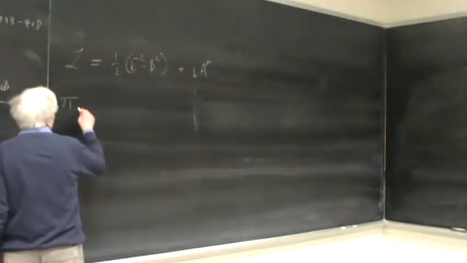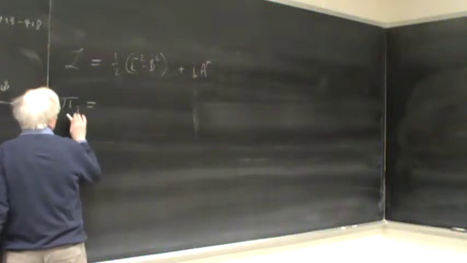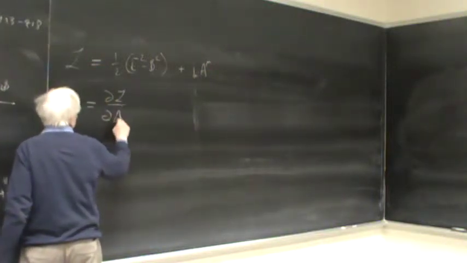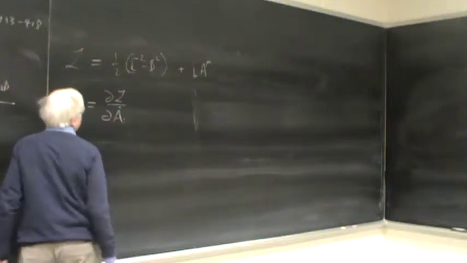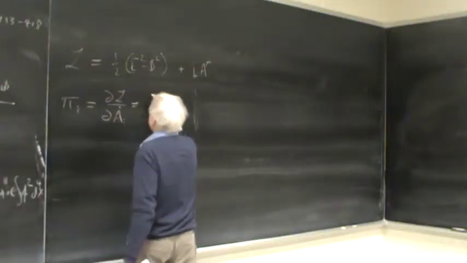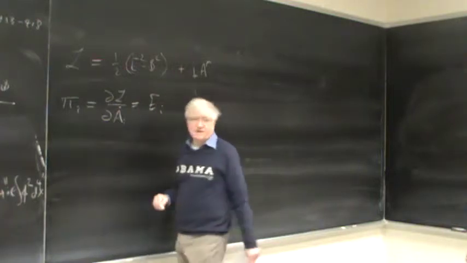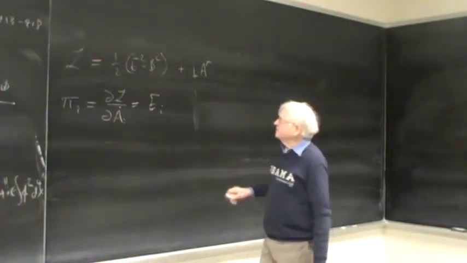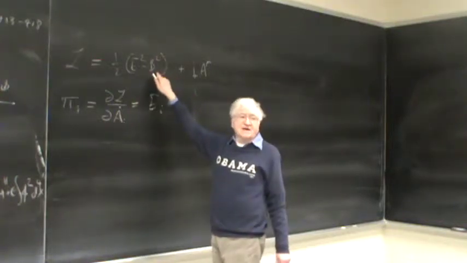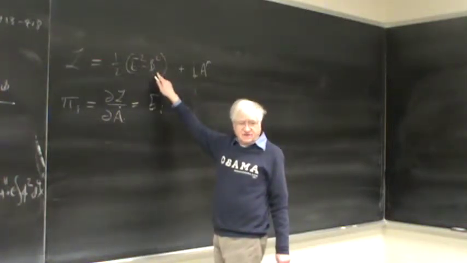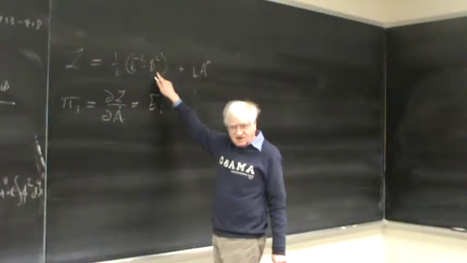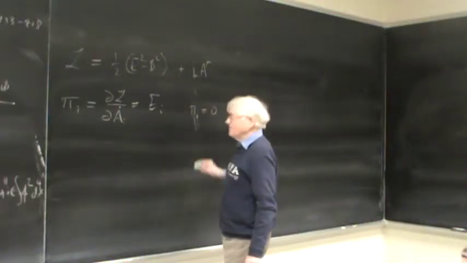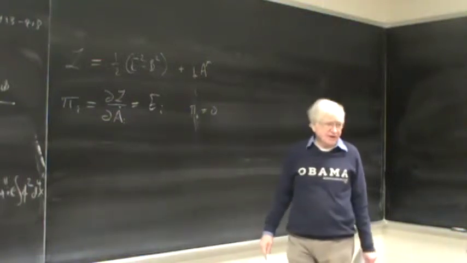In particular, for i equal 1 to 3, this is just partial of L with respect to A_i dot. And that is effectively E_i. On the other hand, A_0 doesn't have a time derivative in the action density. And so that means that π_0 is 0. So that's the constraint.